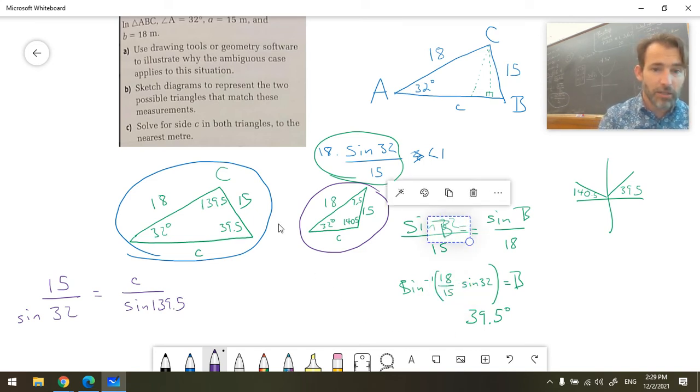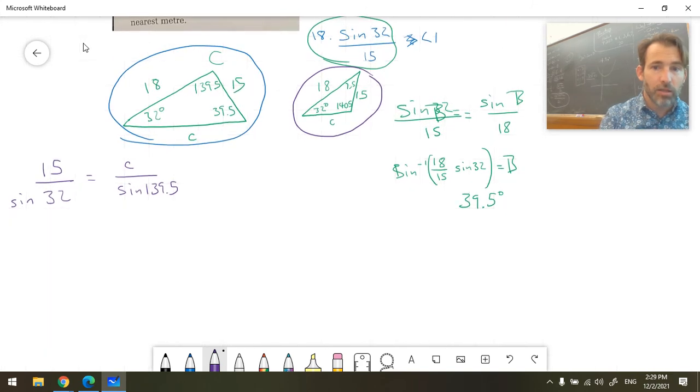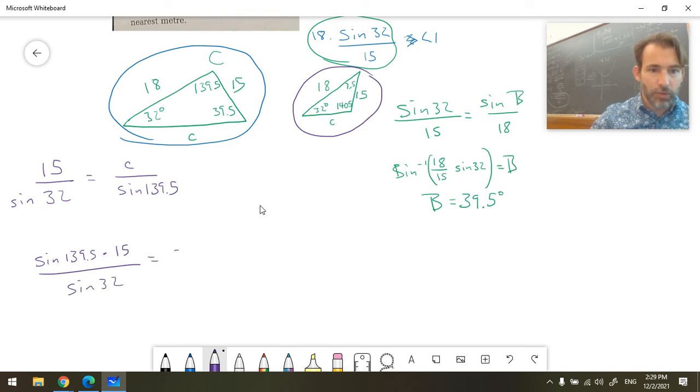I'm going to multiply by sine 139.5, and then I'll get sine 139.5 multiplied by 15, divided by sine 32, equals C. Don't multiply the angle, multiply the value of sine. Do that on your calculator.